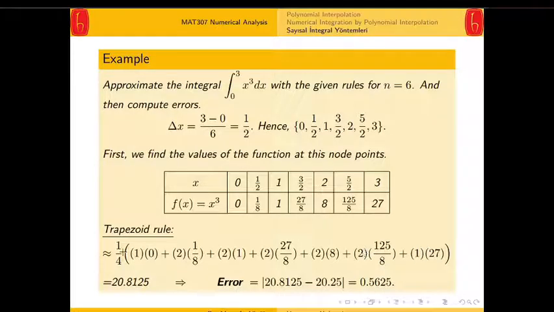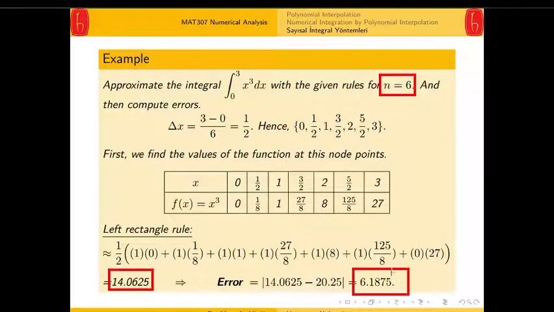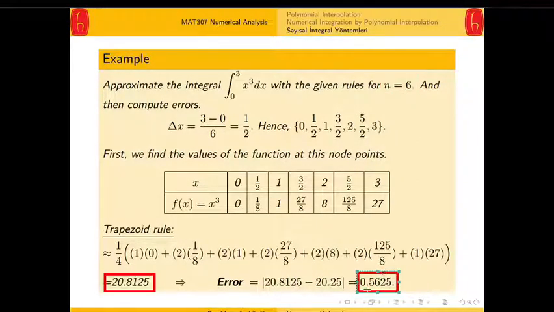If we compute this numerical integral, it will be equal to 20.8125, and then the error will be equal to 0.5625. If you compare this error with the error of the rectangle rules, this is significantly lower. This is because the trapezoid rule gives us much better approximations than the rectangle rule.